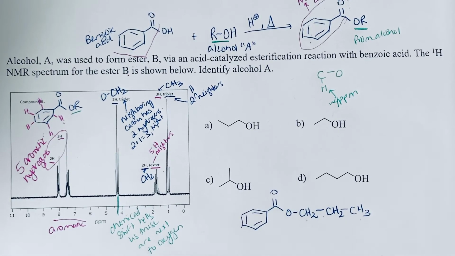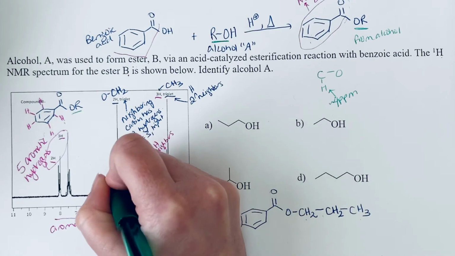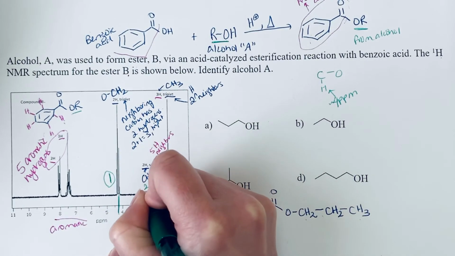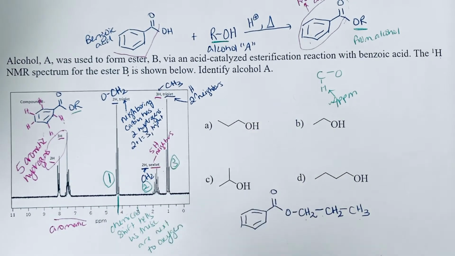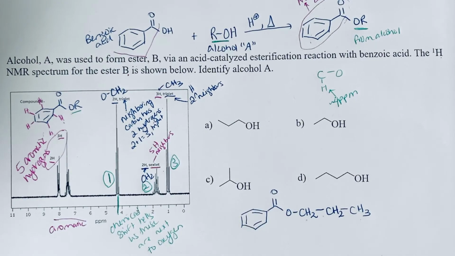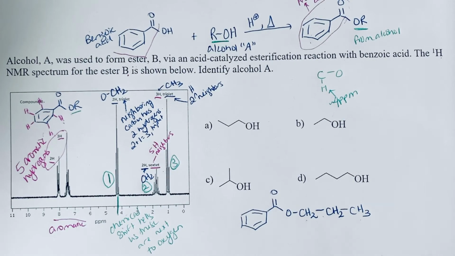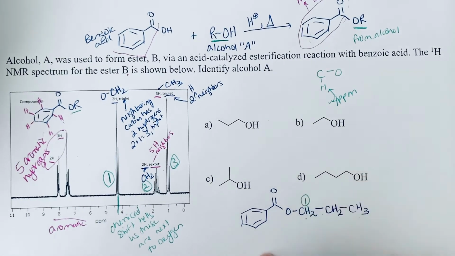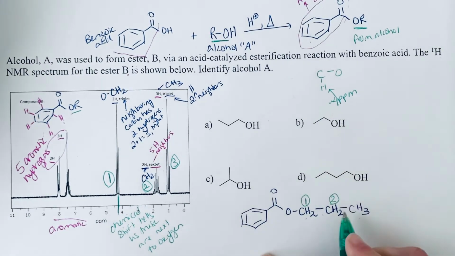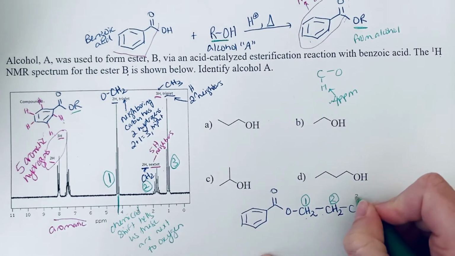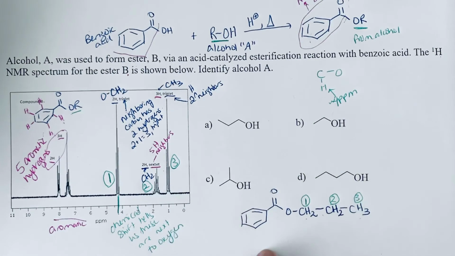I am going to number these signals: 1, 2, 3. I'm not numbering the benzene ring. I know where that is, and that wasn't part of my alcohol. These 2 hydrogens are the signal for 1, these 2 hydrogens are this signal, and these 3 hydrogens are the final signal.